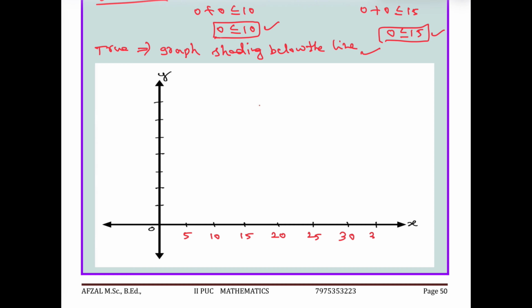31st question. Write tan inverse of square root of 1 plus x square minus 1, divided by x, in simplest form. If it is 1 plus x square, we have to substitute x equals tan theta. Put x equal to tan theta. Then theta becomes tan inverse x.